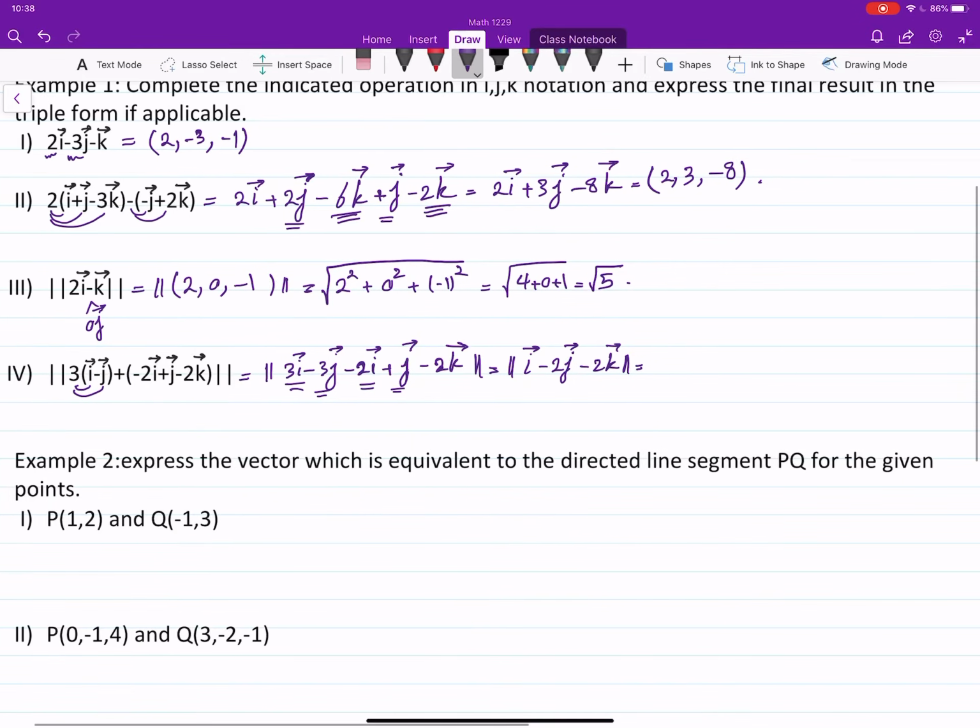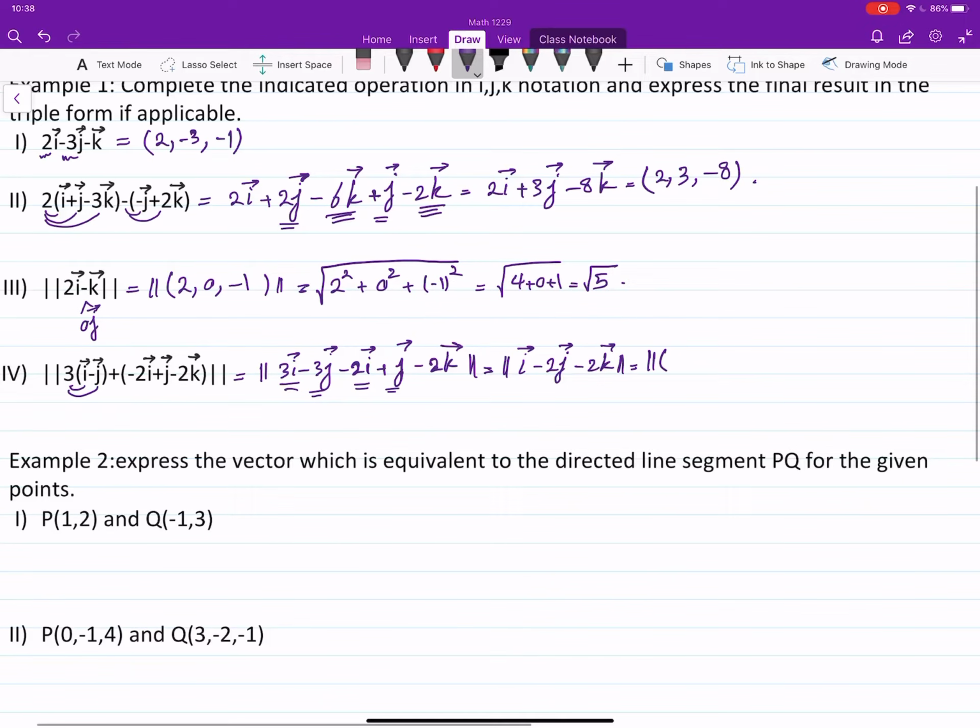Okay, so now we can write it as components. The coefficient of I is 1. The coefficient of J is negative 2. The coefficient of K is negative 2. And when you write that in the triple form, we know that to find the length, we have to square each component and then add them and then find the square root.